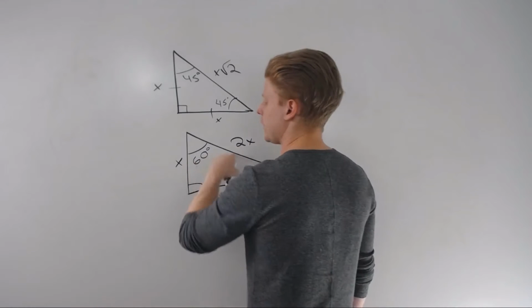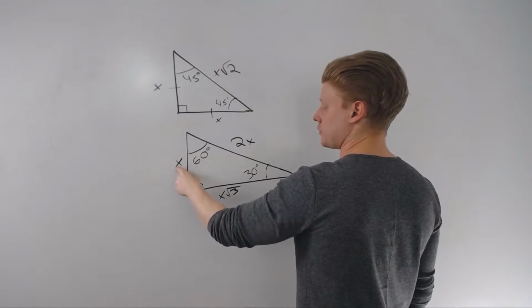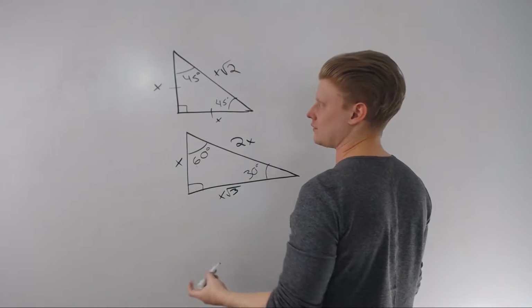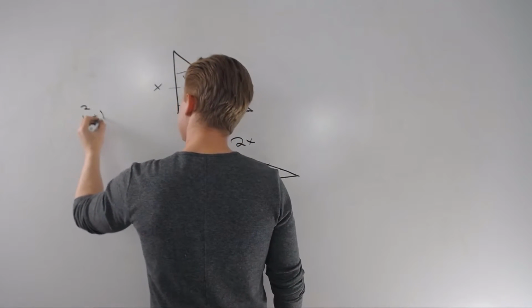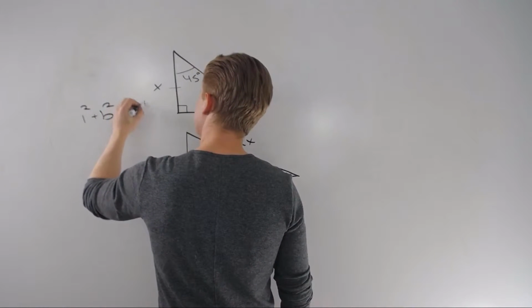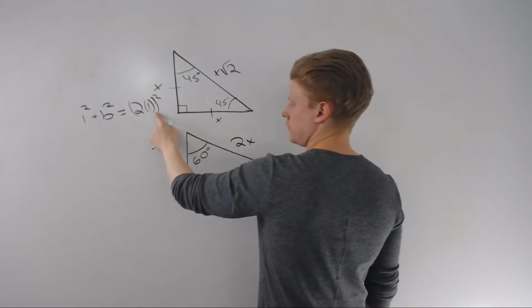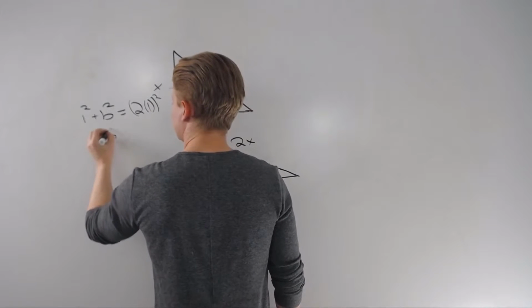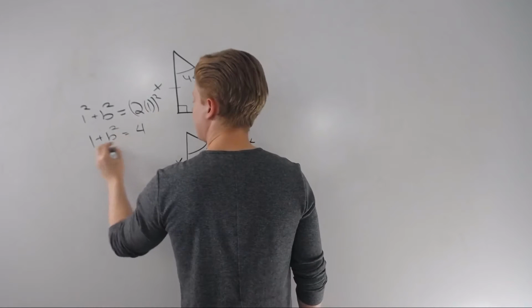Now, I can take any two of those sides and prove the other. Let's use x and 2x, this leg and the hypotenuse. The leg opposite the 30-degree angle is x, the hypotenuse is 2x, and we'll use 1 again as the length to show the x square root of 3. So 1 squared plus b squared equals 2 times 1, squared. 1 plus b squared is equal to 2 squared, which is 4.